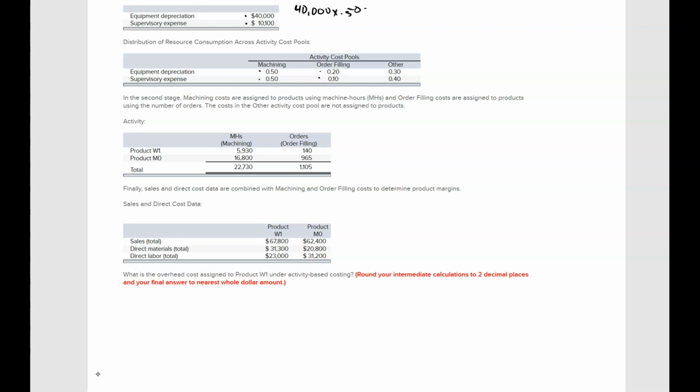40,000 times 0.50. $10,100 by 0.50. And then the same for 40,000 times 0.2 times 0.1.